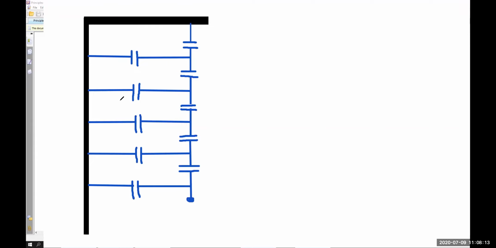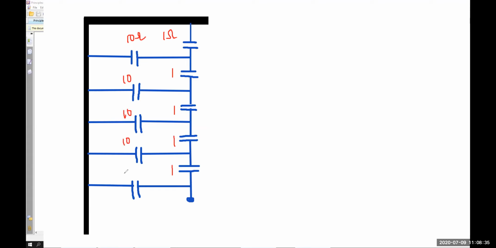Okay, this was actually your diagram. Now let's say this is 1 ohm, so this is 10 ohm. Again 1 ohm, 1 ohm, 1 ohm, 1 ohm. Again this is 10, 10, 10 and 10. You have to write ohm, right?